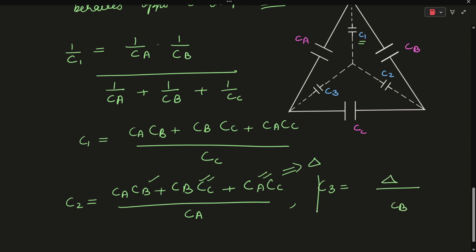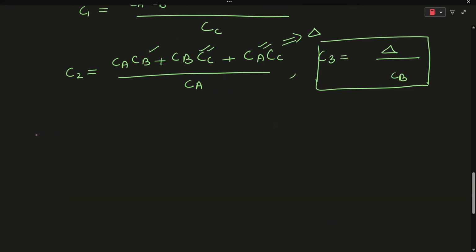I hope it is clear. So basically, a delta to star transformation in case of capacitors behaves similar to a star to delta transformation in case of inductors or resistors. The derivation of these formulas is not so important from a competitive exam point of view, but we will use these formulas when we solve various types of numerical problems.